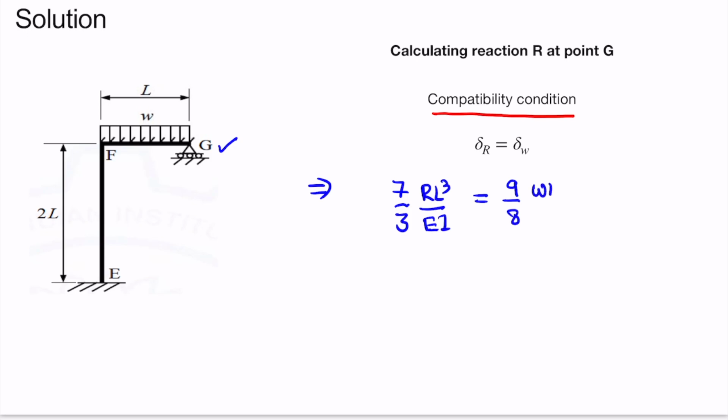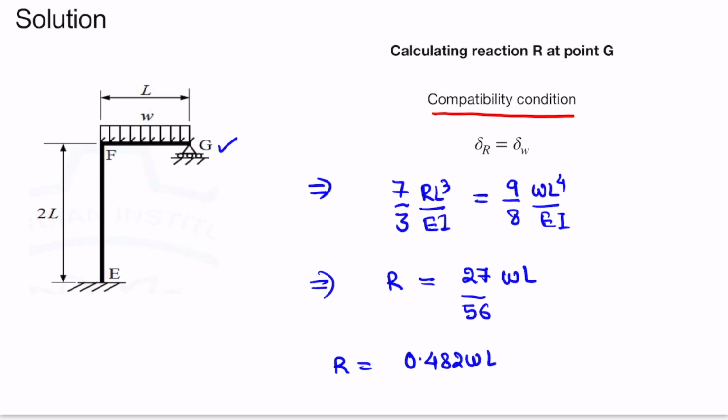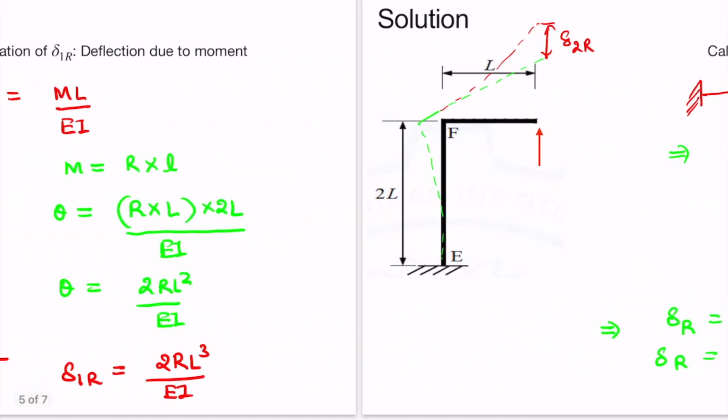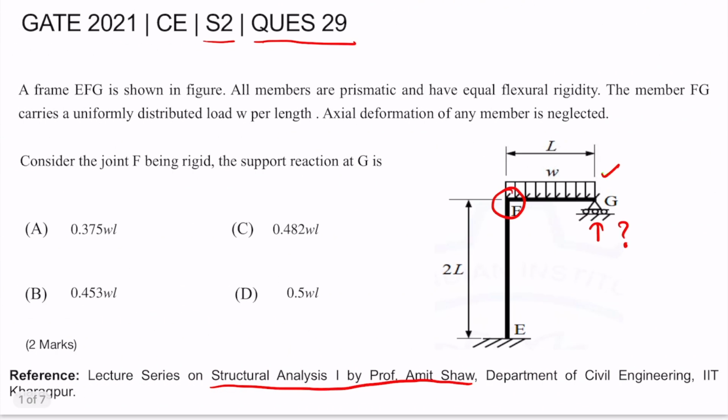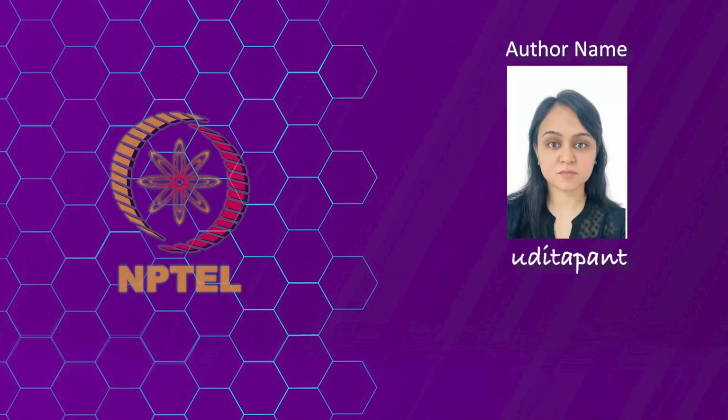So we are putting the value of delta R and delta W here. From this we get the value of R as 27 by 56 WL. We can also write it as 0.482 WL. Hence this is our final answer in this case. The value of R is 0.482 WL, which is our option number C.